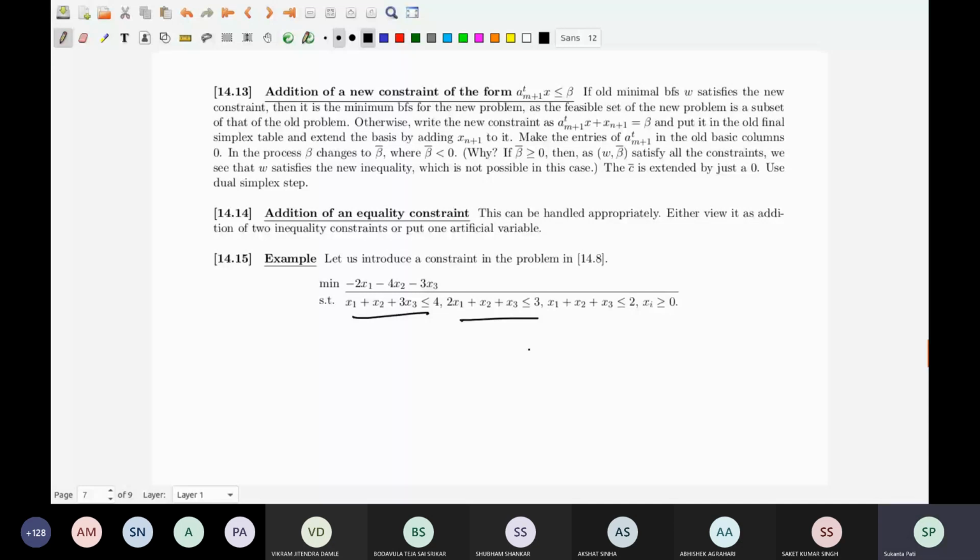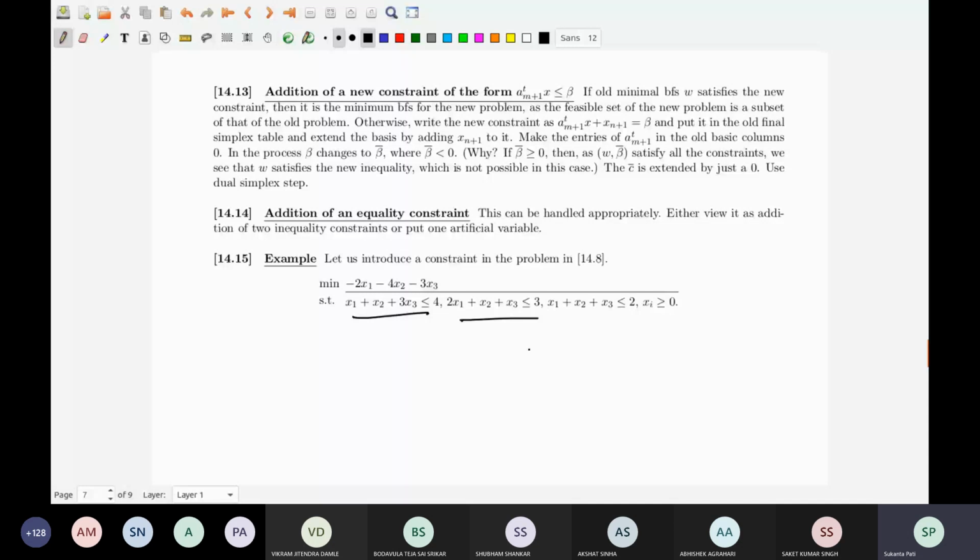You had a bigger set and found a minimum point, and the subset also contains that point, so it will be the minimum over this subset. Of course it will be. So first you check whether it satisfies it or not. If it does, then the old optimal solution is the new optimal solution.